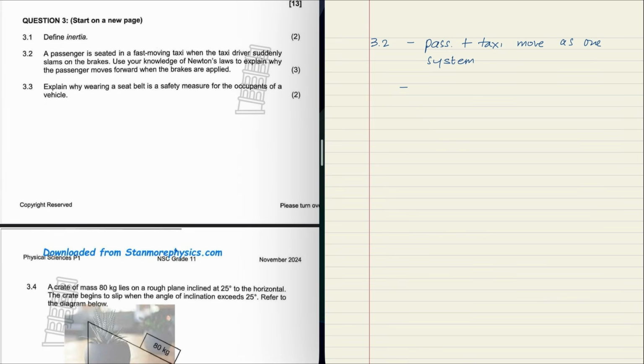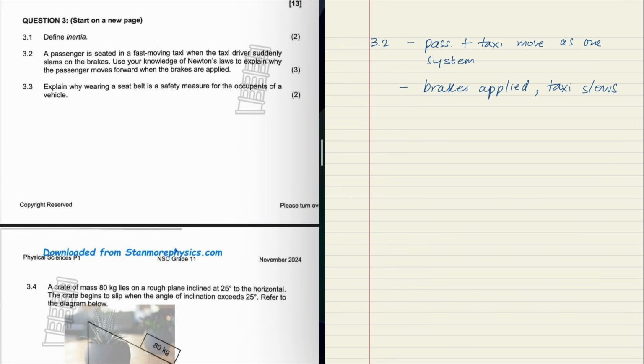And that basically means that they're both moving at the same velocity. When the brakes are applied, there is an F net that is slowing down the taxi, right? So the taxi slows.